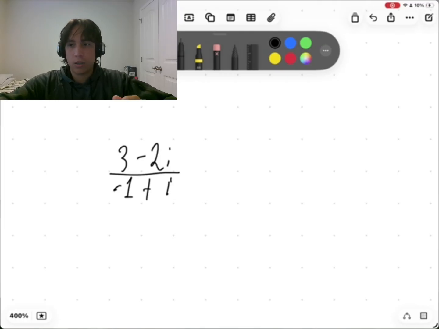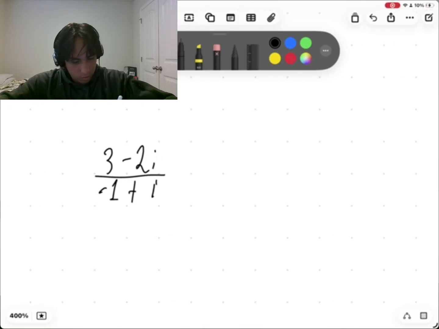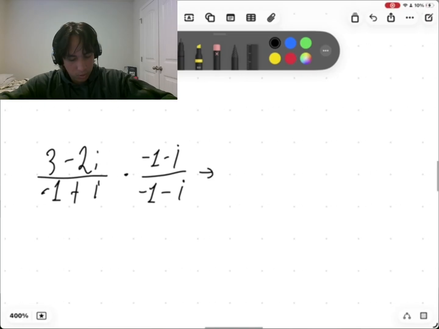So for this, we're going to take an answer as being able to separate the real part from the imaginary part, right? So we can multiply by the conjugate of the denominator, which would be -1 minus i, right?